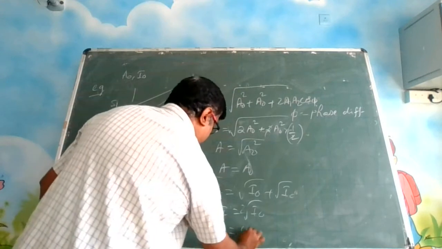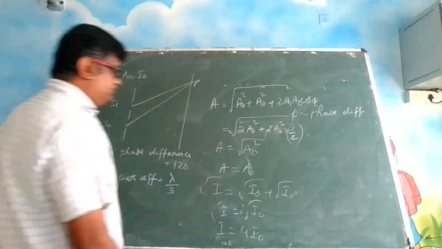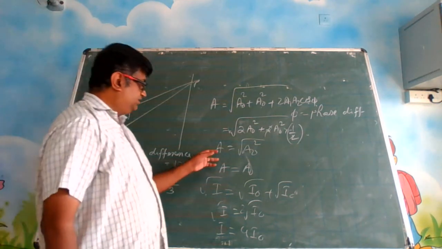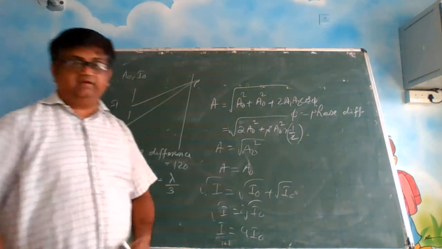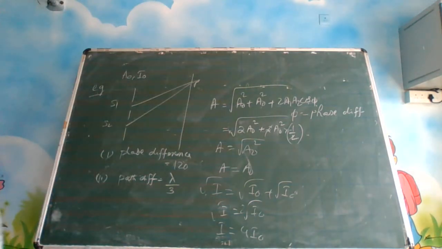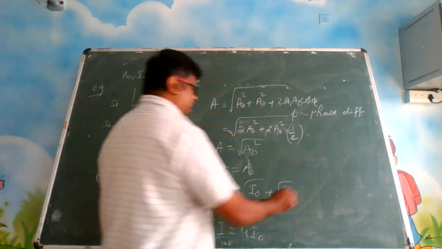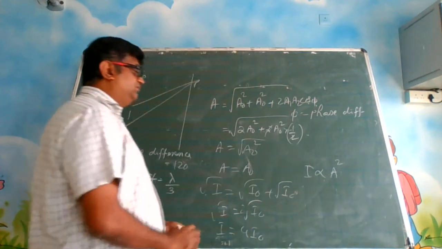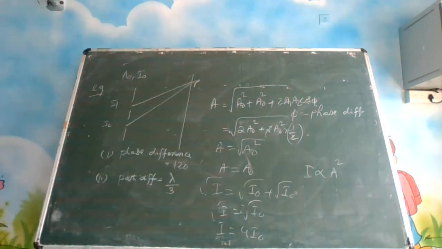So I will be equal to 4 I0. And what is the relationship between amplitude and intensity? I is proportional to A square. This is the relationship we have.